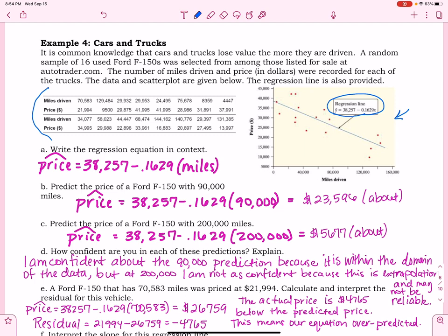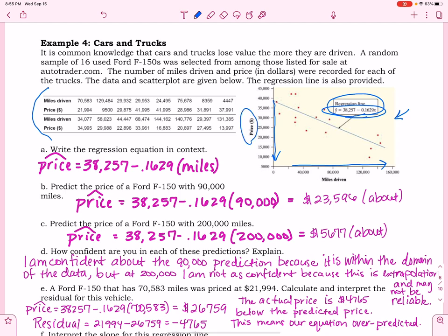So as you can see, there's a negative relationship here because as my explanatory values increase, my response variables are decreasing. Okay, so if we write the regression equation in context, it just means I'm writing this right here using the variables for y and x.